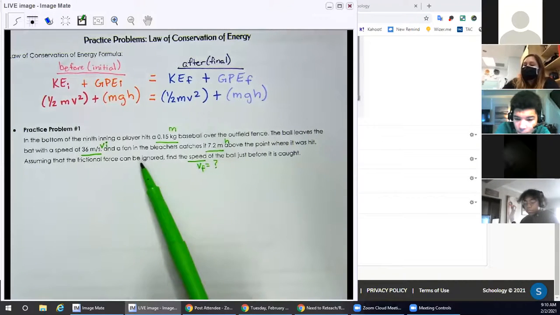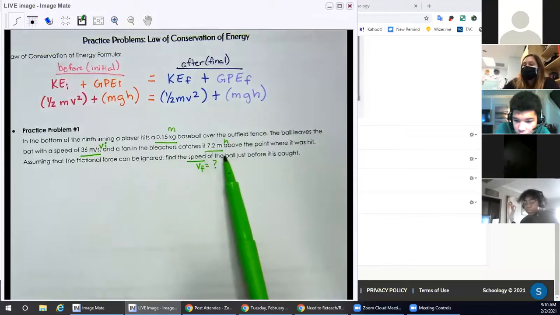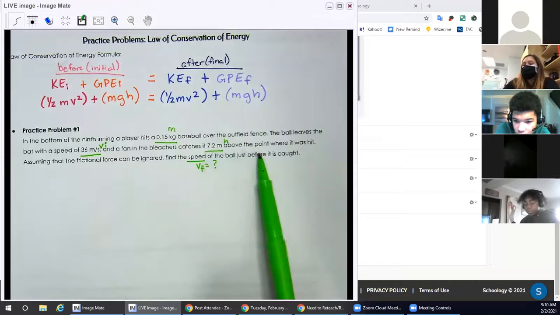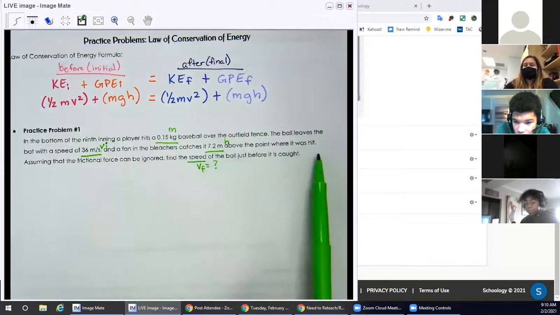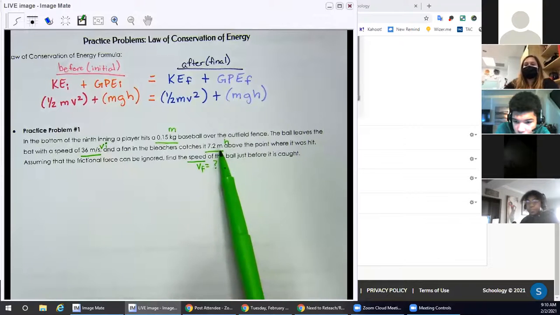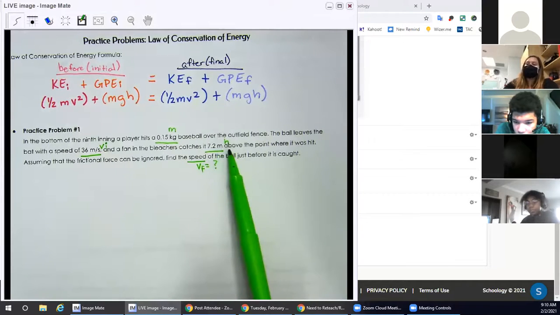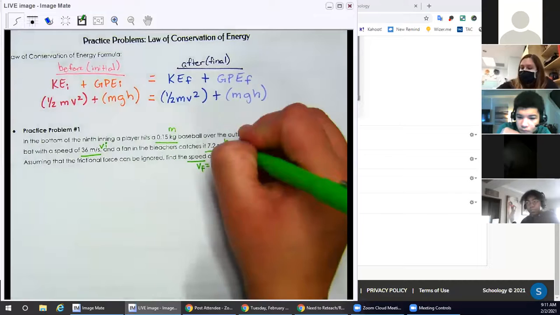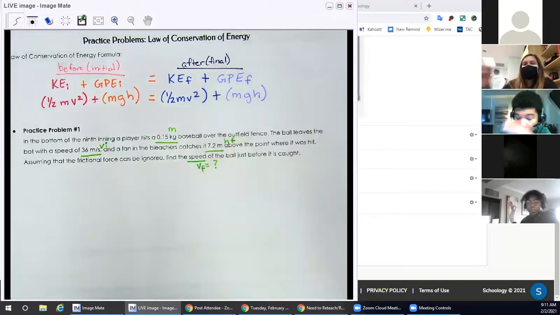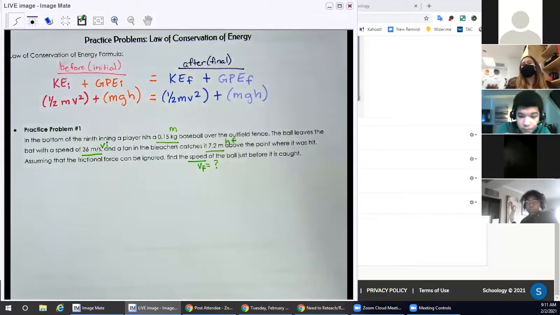It says a fan in the bleachers catches it 7.2 meters above the point where it was hit. So it was hit and then it went 7.2 meters above that. So is this our final height or our initial height? Final. That's going to be our final height. So that's our F, final height. And that's honestly the hardest part, figuring out which numbers are which. So now we're going to plug in our formula.